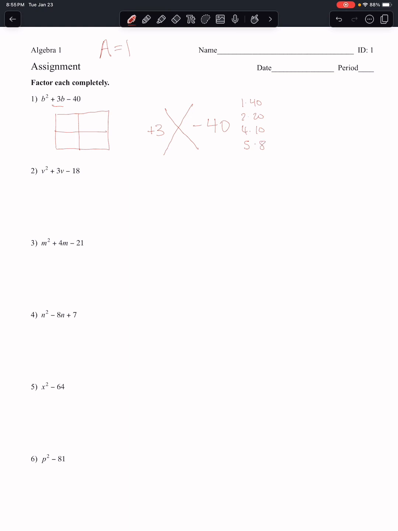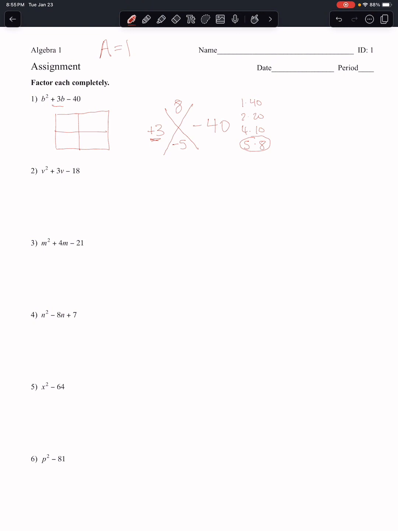Then we have to figure out which of these pairs we can add or subtract to get 3. That pair is 8 and 5, because 8 minus 5 is equal to 3, but 8 times 5 is negative 40.